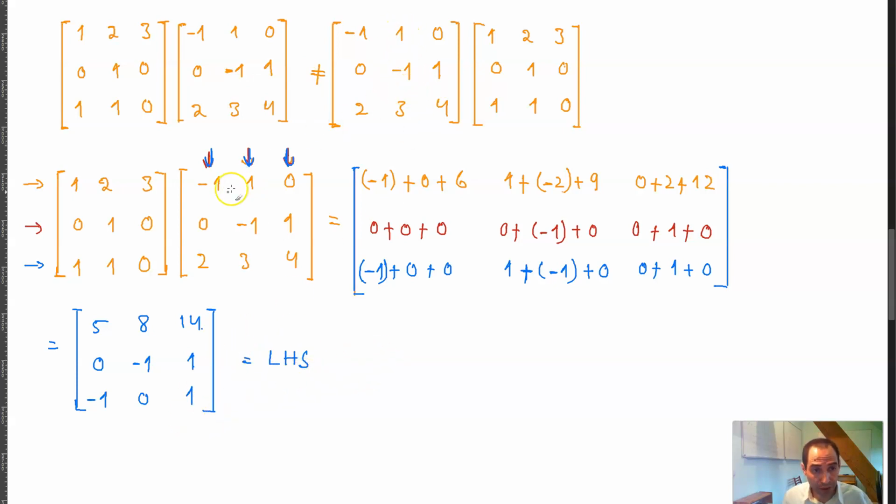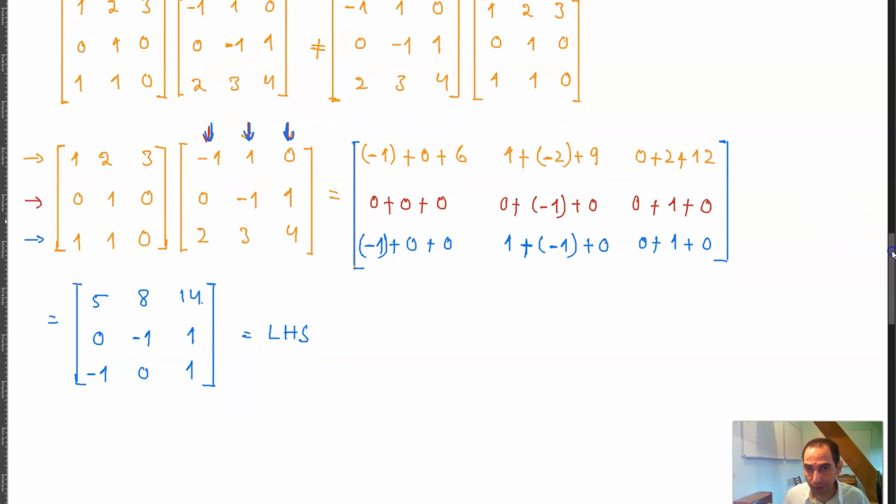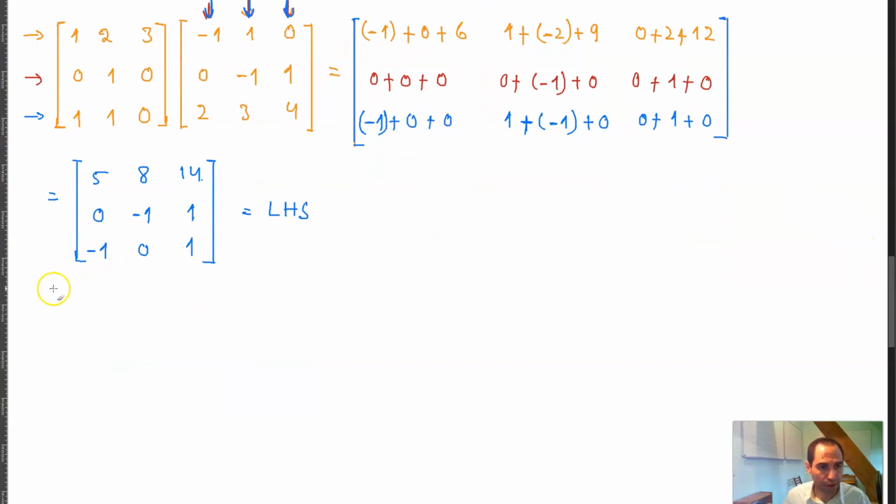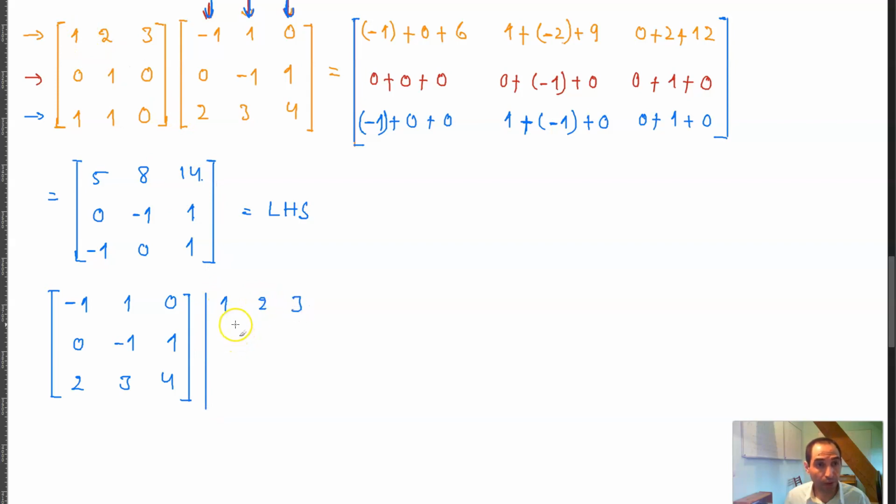Now your RHS is the same multiplication but in the reverse order, meaning that you can write [-1, 1, 0; 0, -1, 1; 2, 3, 4] times [1, 2, 3; 0, 1, 0; 1, 1, 0].